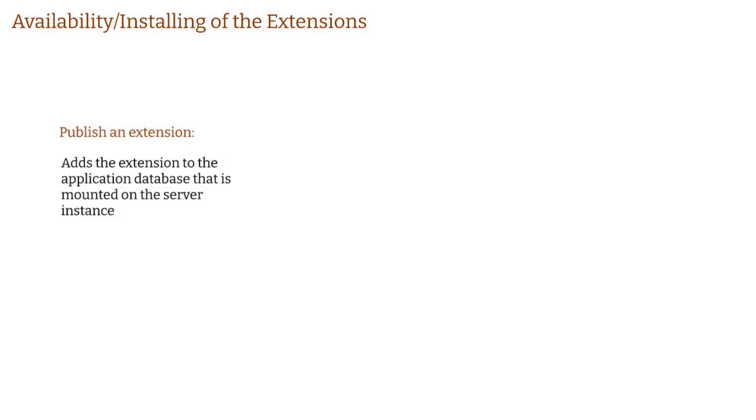Publishing also compiles the components of the extension behind the scenes and builds the necessary metadata objects that are used at runtime. This is typically done via PowerShell or AL development tools.